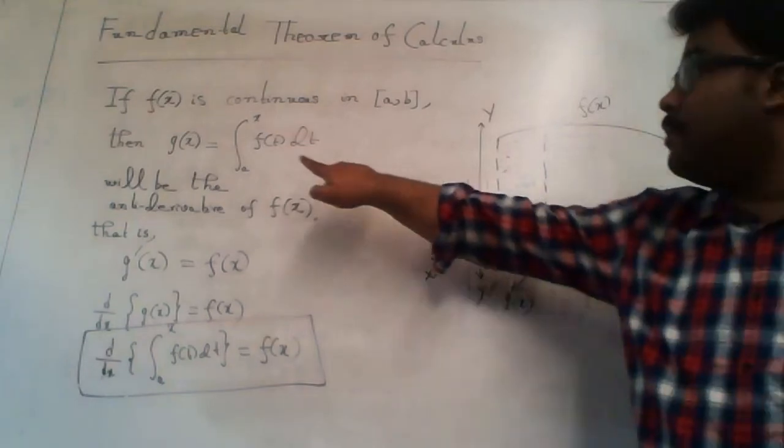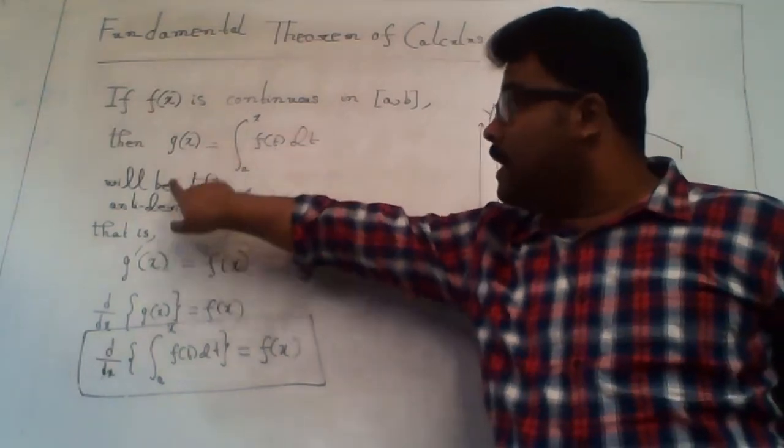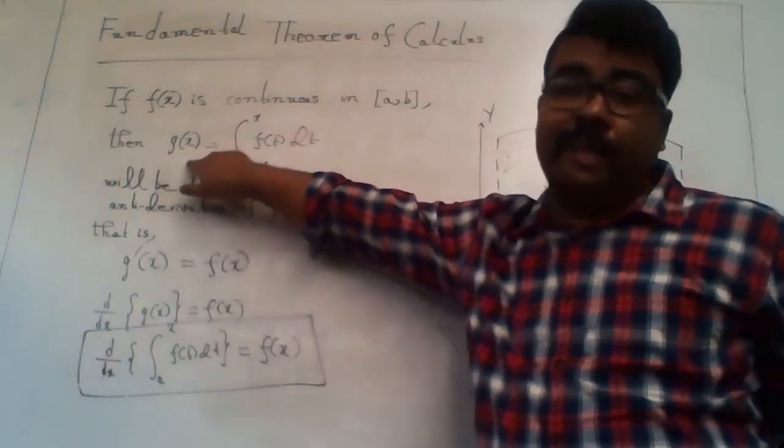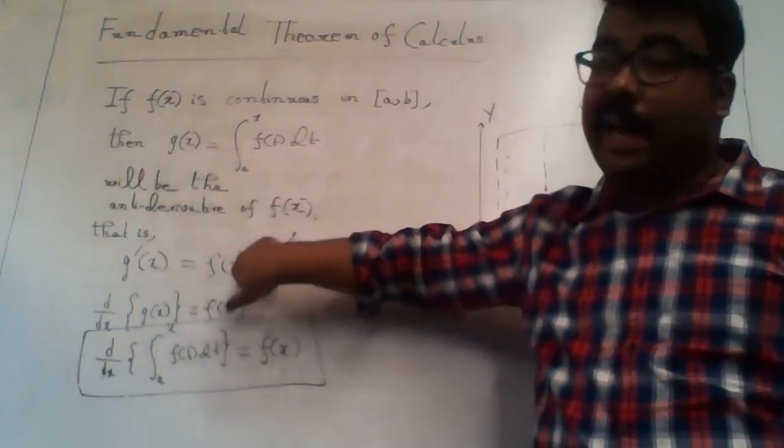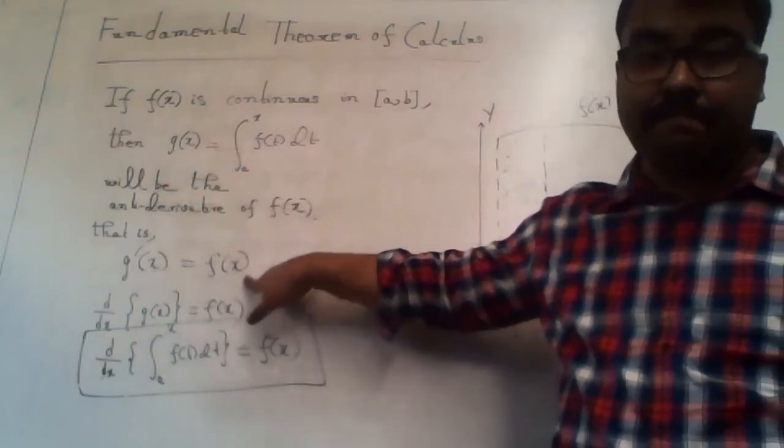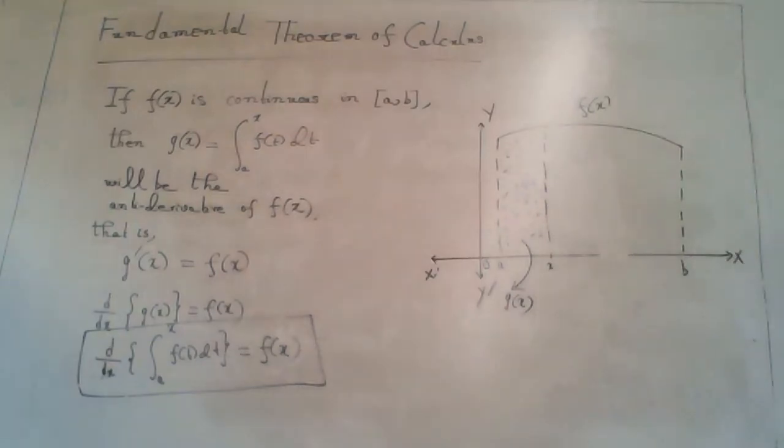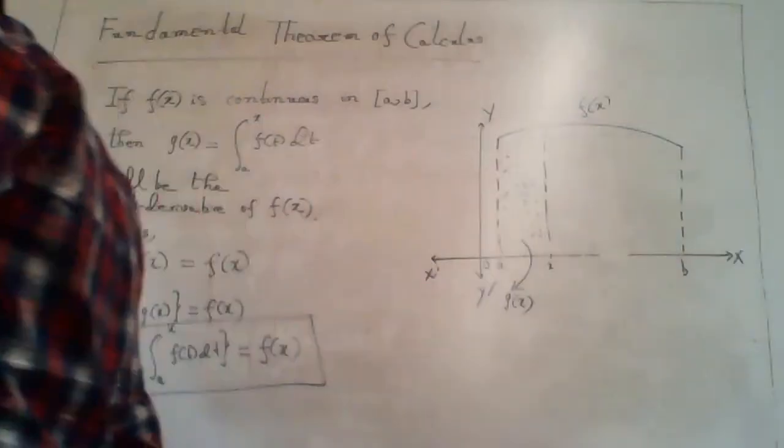If you take the derivative of this area, you get back the original function f(x). So this is the fundamental theorem of calculus, and now we will apply it to solve different problems.